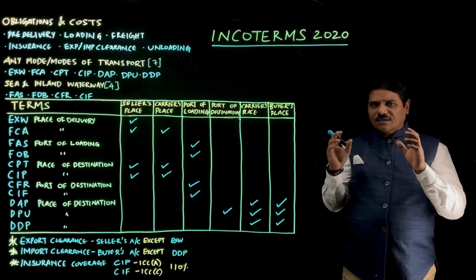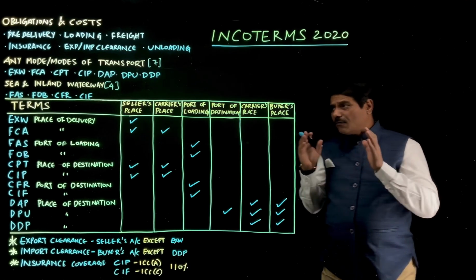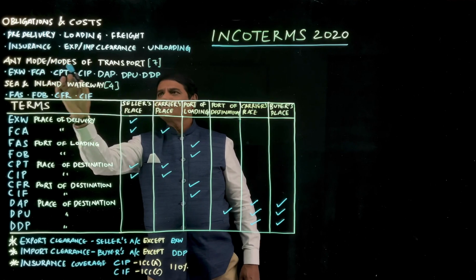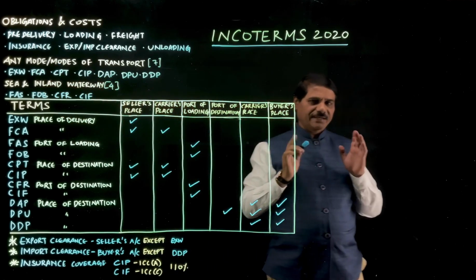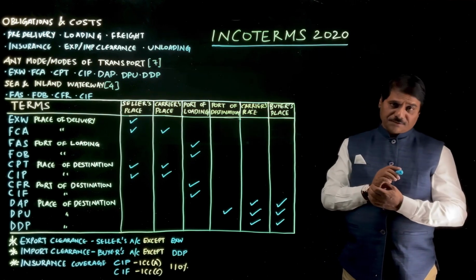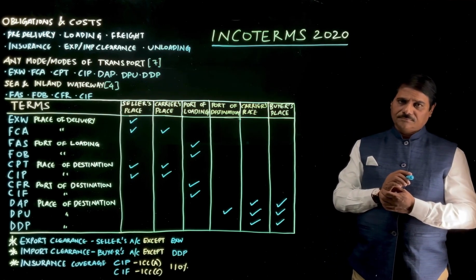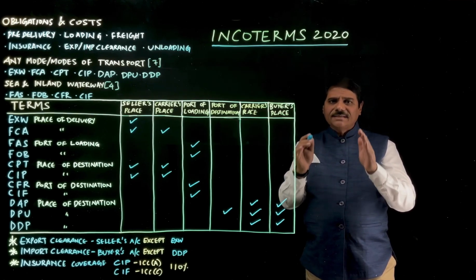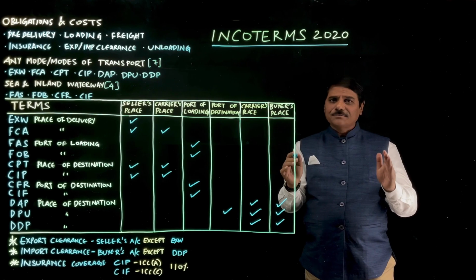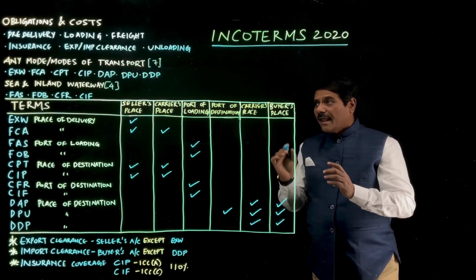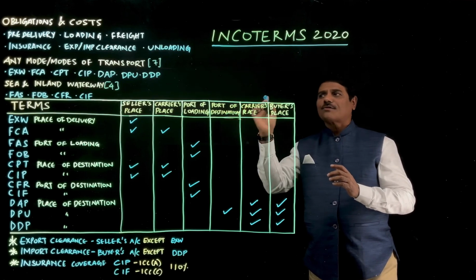So these international commercial terms, they have classified as any mode or modes of transport, one classification. There are total 11 international commercial terms. So they have classified these 11 terms into two categories. One, any mode or modes of transport.